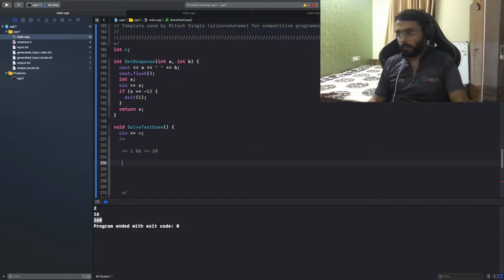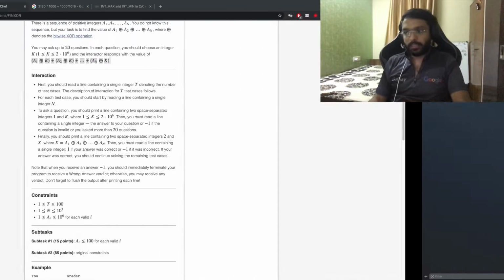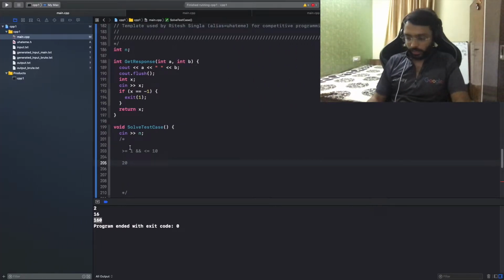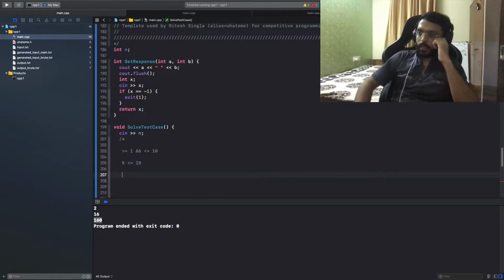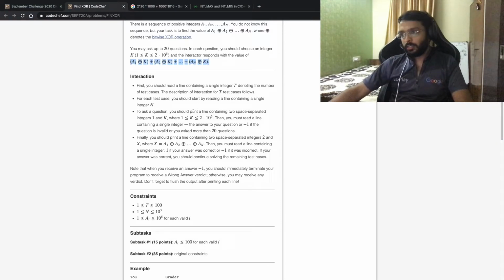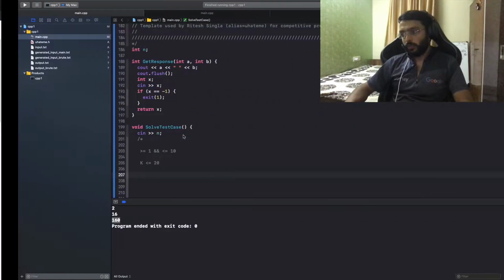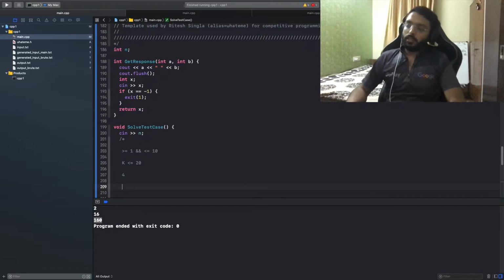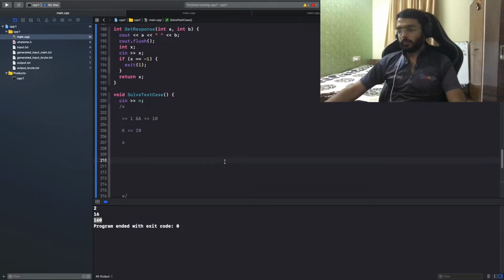Also, let us say that the k which I can ask is double of the max limit, which is 20. K should be less than or equal to 20. And the number of questions which I can ask is, like 2 raised to power 4 is 16, so the number of questions which I can ask is 4 now. Let us try solving this.